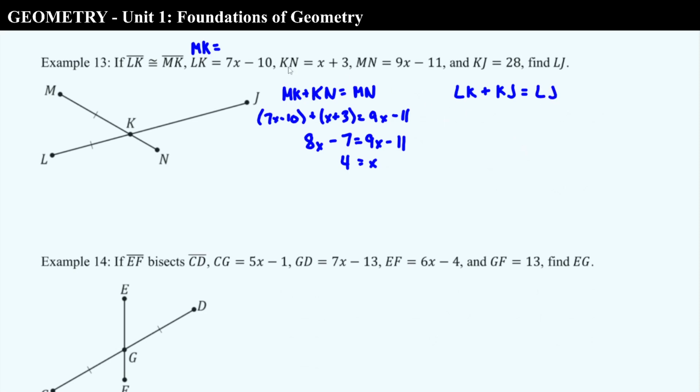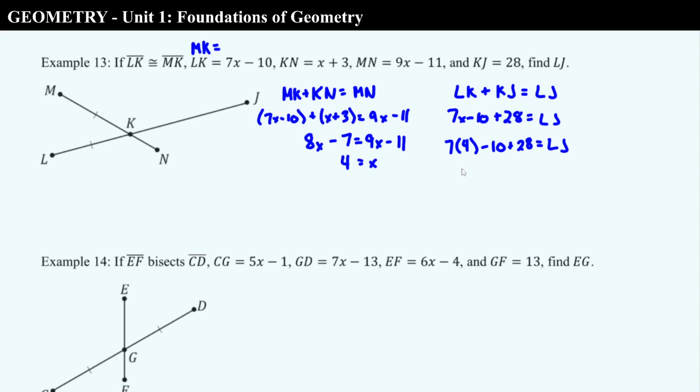Well, LK we know is 7x minus 10, plus KJ, which is 28, equals LJ. But we know x is 4. So 7 times 4 minus 10 plus 28 equals LJ.